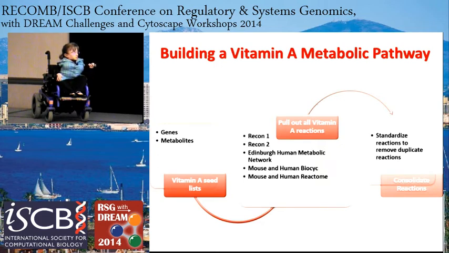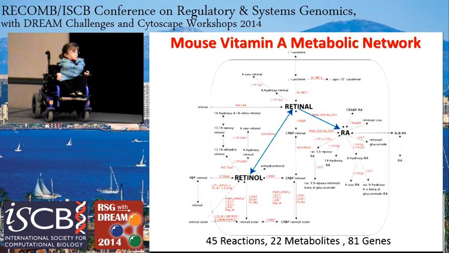And I want to note that for reactions pulled out of the human metabolic networks or databases, we converted the gene associated with that reaction to the corresponding mouse ortholog. And so finally, we standardized these reactions in order to remove duplicate reactions that we may have pulled out from multiple different databases.